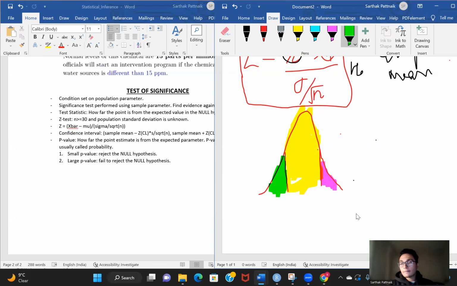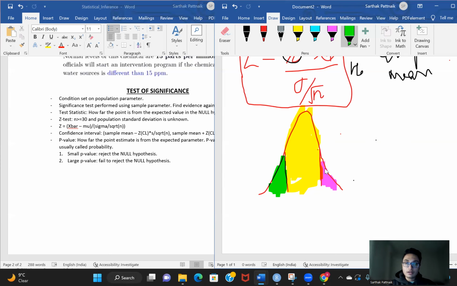Now, up until now we are analyzing only one particular area, when we are finding evidence for our alternative hypothesis, either the left hand side or the right hand side. What if my test is a double sided test, or a two sided alternative hypothesis test? In that case, we have to find evidence for both less than and greater than.